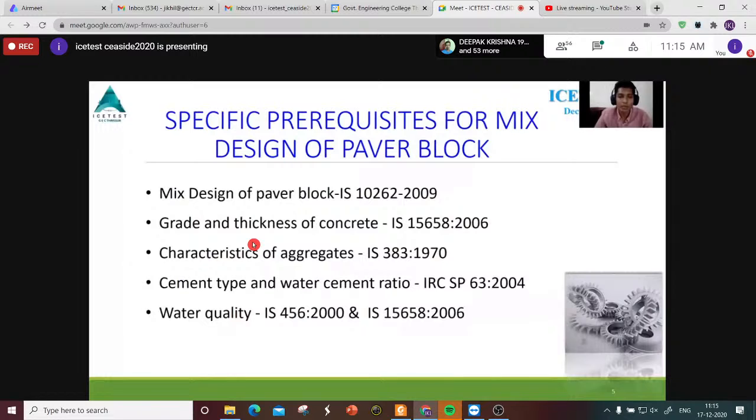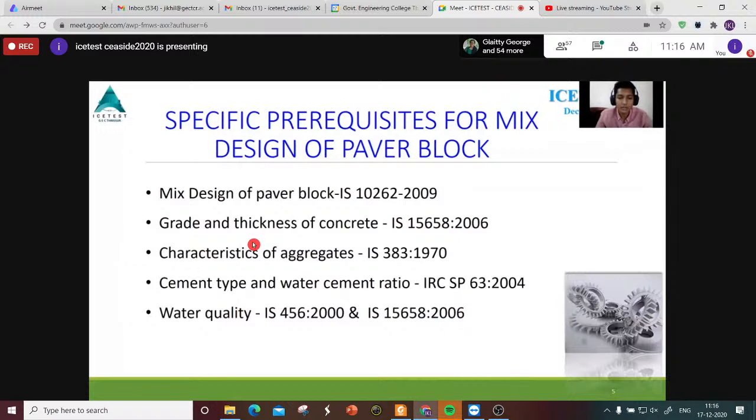Specific prerequisites for mix design of paver block. These are the IS codes required for the manufacturing process of paver block. Mix design of paver block is mentioned in IS 10262-2000. Grade and thickness of concrete is mentioned in IS 15658-2006.